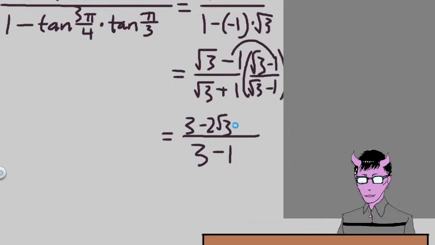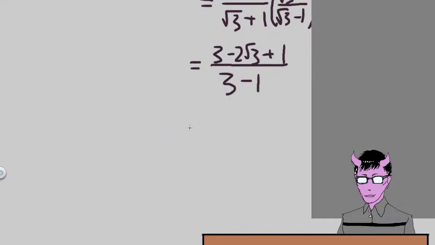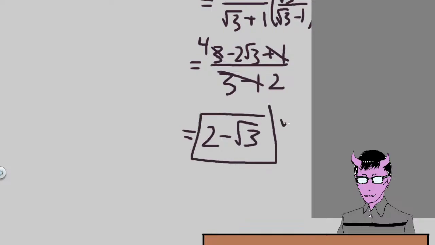And the negative 1 times negative 1 is positive 1. So therefore it simplifies into 4. 3 plus 1 is 4. This one becomes 2. 4 divided by 2 is 2. And then negative 2 divided by 2 is negative 1, root 3 left over. So I hope this is the good answer.